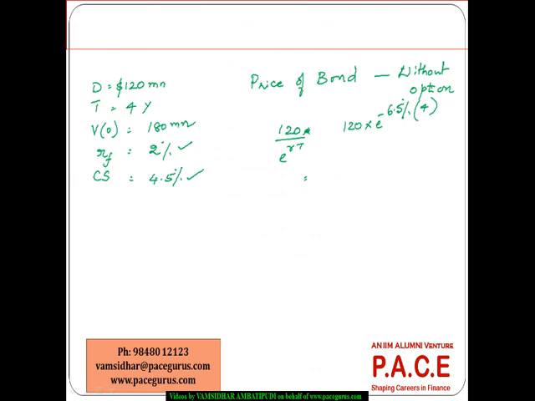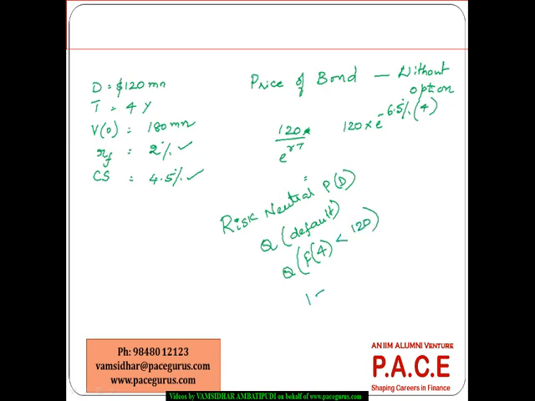And an extension to this is finding out in this model how I find the risk-neutral probability of default. We have seen that the risk-neutral probability of default, which is nothing but Q of default, is the same as the probability that V_T is less than 120, which is nothing but 1 minus N of d2, or N of minus d2.